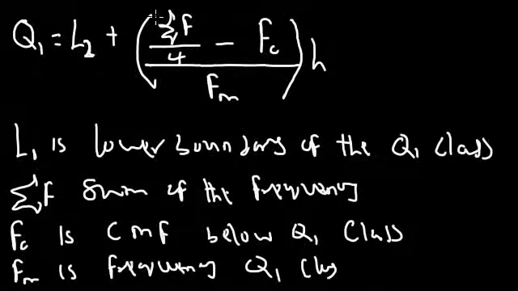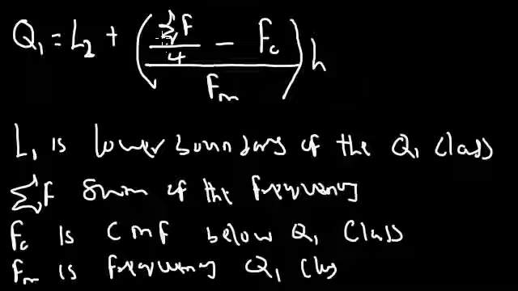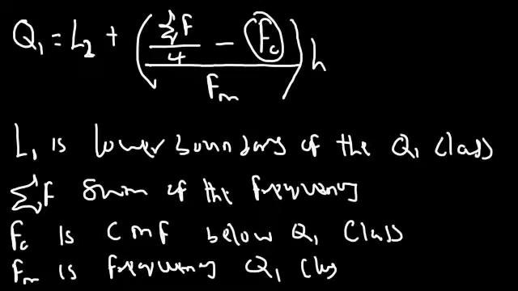Now this will not be summation of F over 4. It will now be one half of summation of F. It's supposed to be 2/4 of summation of F, but 2/4 of summation of F is the same thing as one half of summation of F. Now, F sub C will be the cumulative frequency below the Q2 class, and F sub n will be the frequency of the Q2 class.